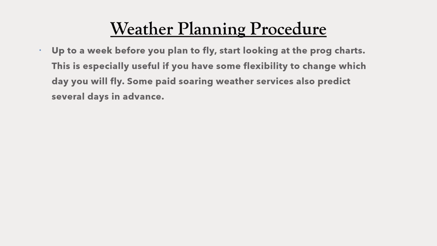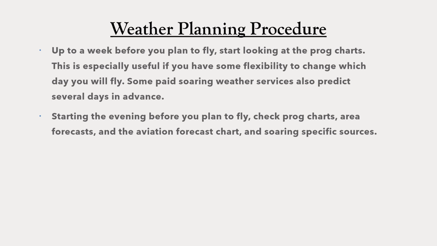When I'm looking a week ahead, I look at the prog charts. I also like to look at SkySight, which predicts about a week ahead, and start picking which day I think would be a good day to go.